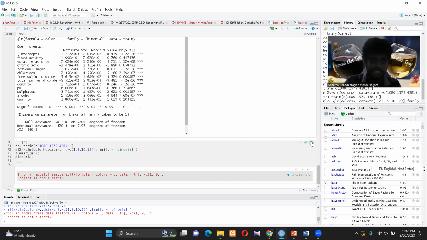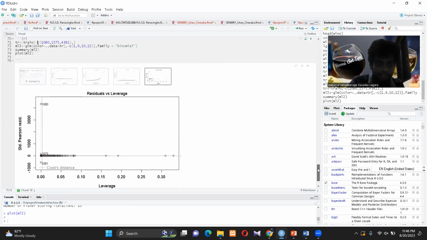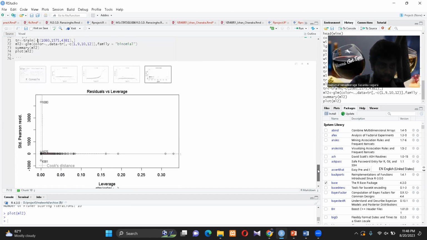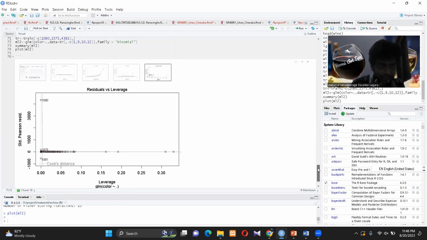I have named it color. It's not colors. That's why it did not work. It's nothing else, right? I will exclude this, so I will put a minus sign. Okay, now it should be working well, right? Now it has indicated.